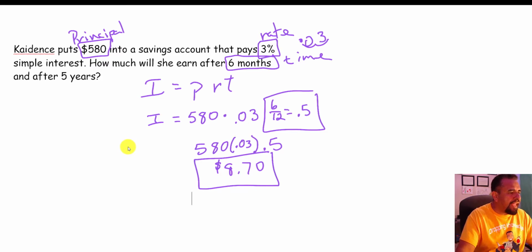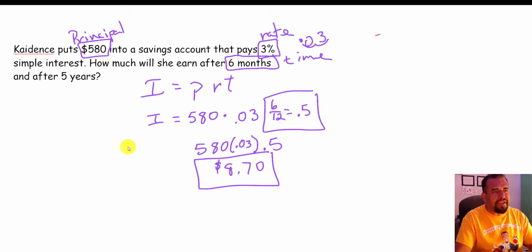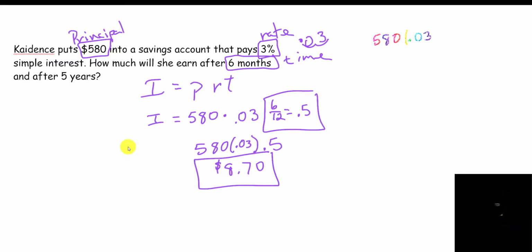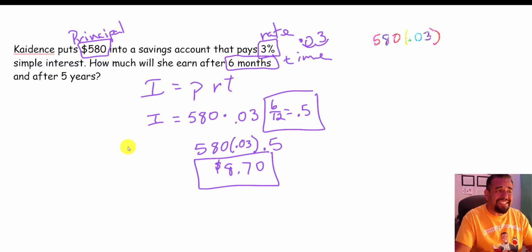So the same thing, I already know my principal, and this time we'll do it in a different ink. We'll do it up here on top of me. Okay, let's do that. So 580, because it's still the same amount, and we're going to multiply that times 0.03 because it's still the same interest rate. But this time, it's over 5 years. So I just have to multiply that times 5.